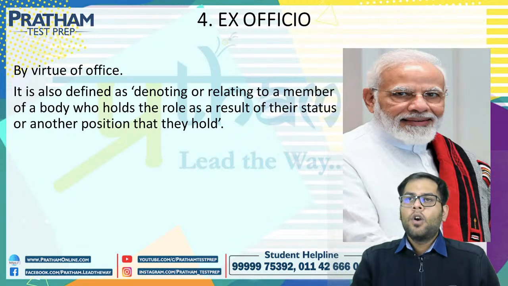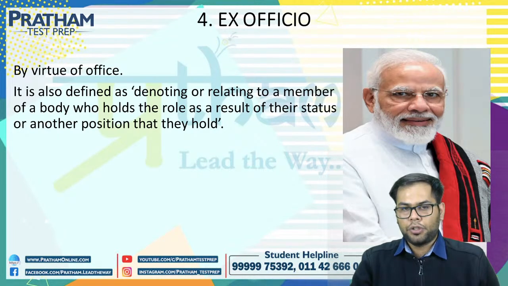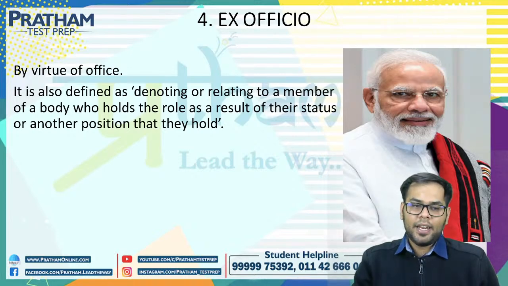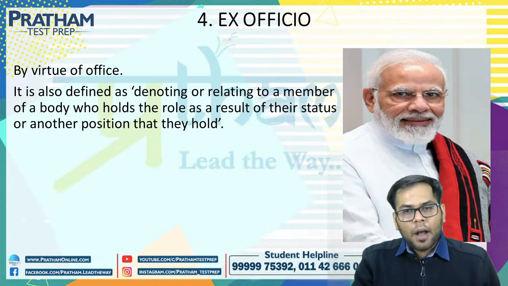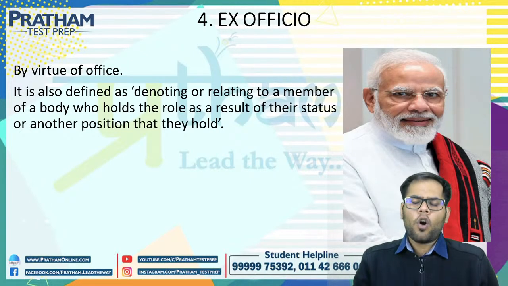Say, who's the chairman of Niti Aayog, which was earlier called the Planning Commission of India? The chairman of Niti Aayog is always the Prime Minister. He's the ex officio chairman of Niti Aayog. That means that anyone who becomes the Prime Minister of the country becomes the chairman of the Niti Aayog, or the Planning Commission as it was earlier called.